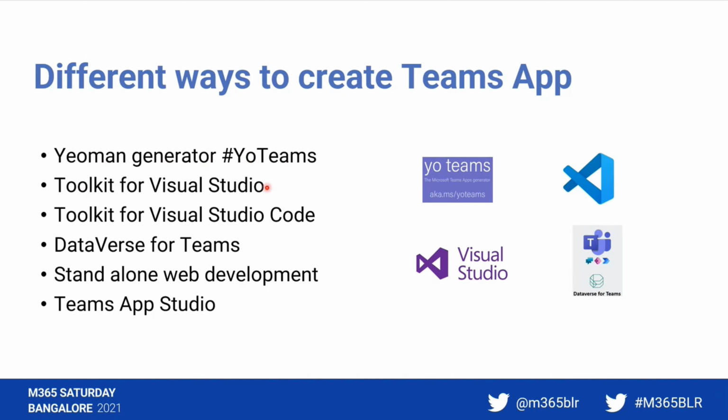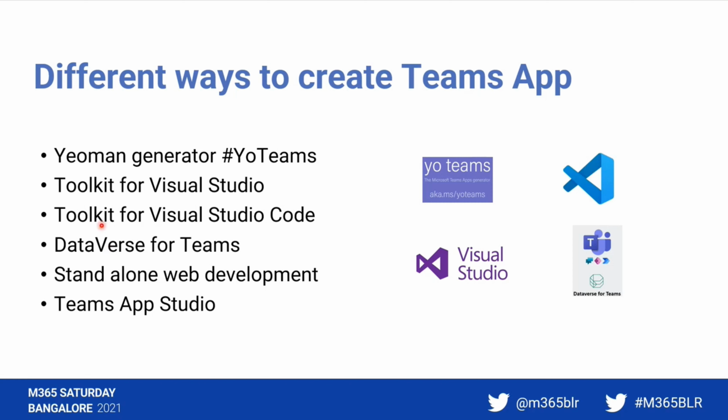Then you have a toolkit for Visual Studio. When I say Visual Studio and Visual Studio Code, hopefully the difference is that Visual Studio is the premium and professional version, and Visual Studio Code is the light and open source version of Visual Studio itself. But nowadays, most of the open source tooling built on open source technology uses Visual Studio Code, because it is free and there are many extensibility options available.